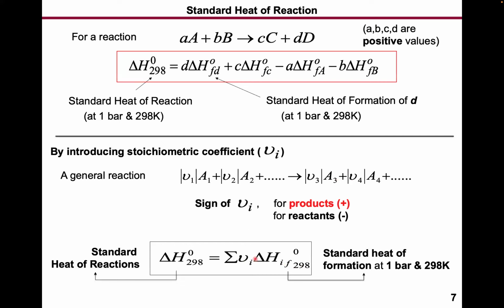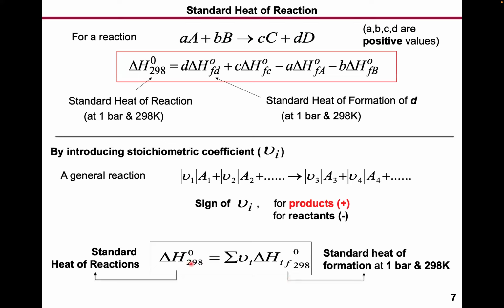Now, because we already assigned signs for VI, for the product side it's going to be positive. So everything here is going to be positive, and everything here will be negative. So essentially we will have the positive sign minus the reactant side, right? So this just generalizes it in a more convenient way for follow-up analysis, right?